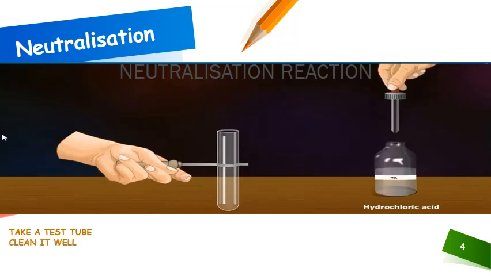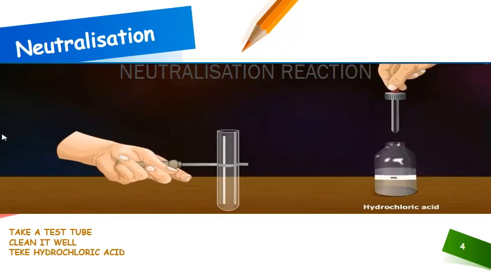Then normally in the laboratory you have to first clean the test tube very well. Then only you have to use the test tube. Clean it well, then take the hydrochloric acid. So what is hydrochloric acid? Is it an acid or a base? It is easy to answer, isn't it? The name itself will tell you that it is an acid.